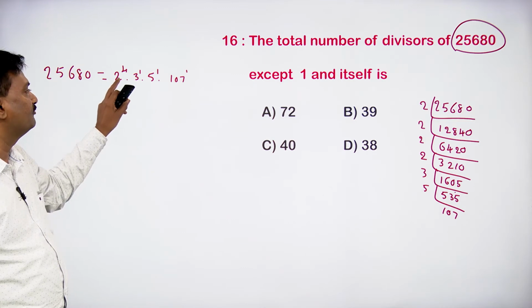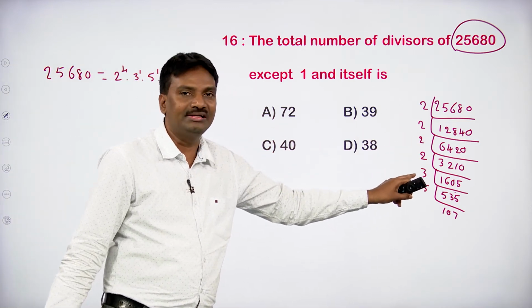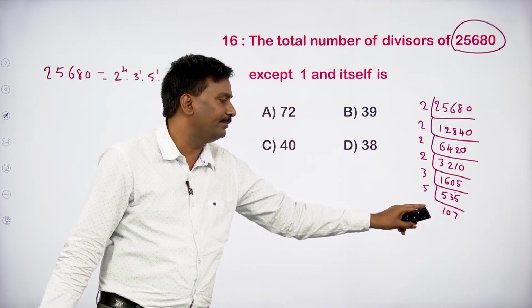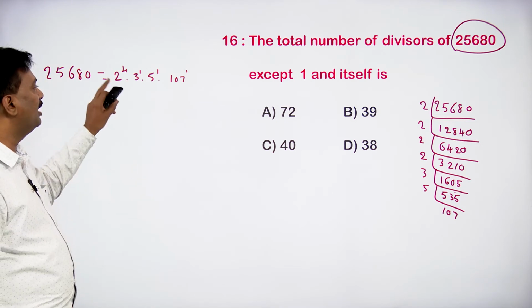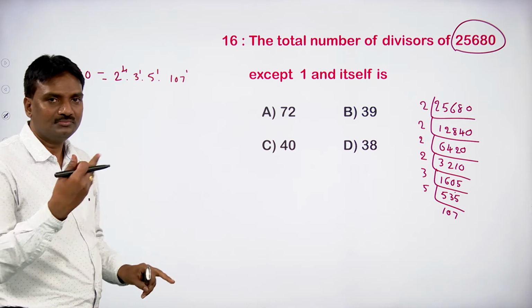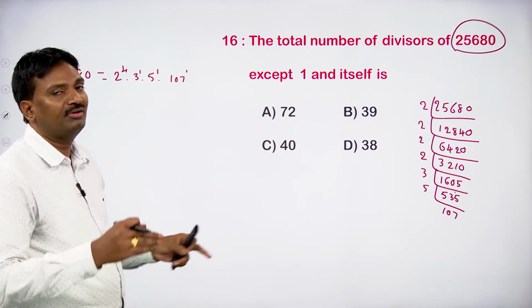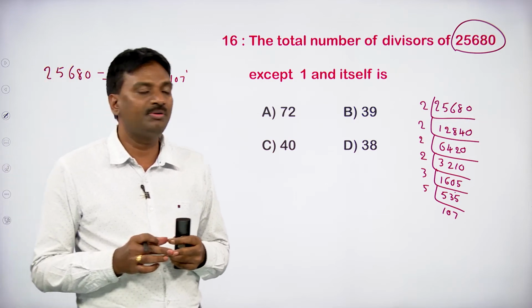Now this is in the form of 2 power p into 3 power q into 5 power r into 107 power s. The bases must be prime integers.